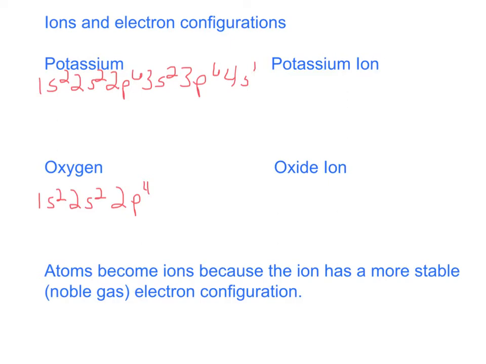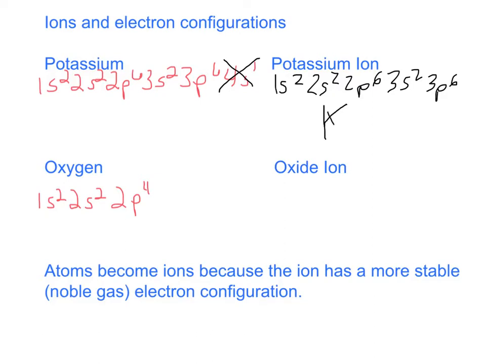Metals like to lose their electrons and go to the next noble gas configuration. To get to that noble gas configuration, they're going back to argon, which means they lose that 4s1. So it becomes 1s2, 2s2, 2p6, 3s2, 3p6. And the ion symbol is just a capital K, but then you put a plus or a +1, depending on what you would like to see.